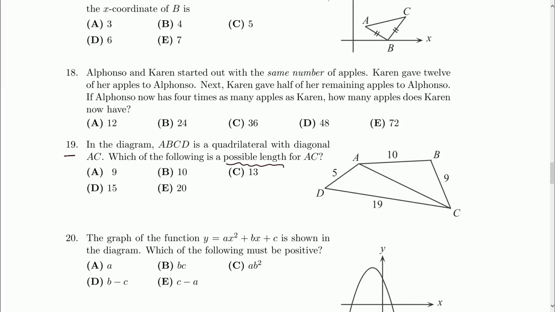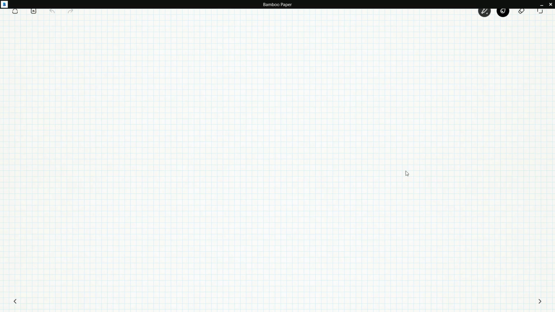Now, I notice AC breaks us down into two separate triangles. We've got ACD, we have ABC, and we know the lengths of most of the sides of those two triangles. And we are concerned with AC, which we might call X. Okay, well, let's just copy this picture.